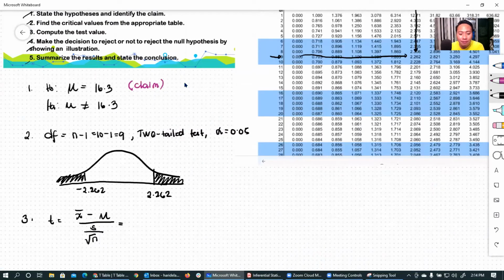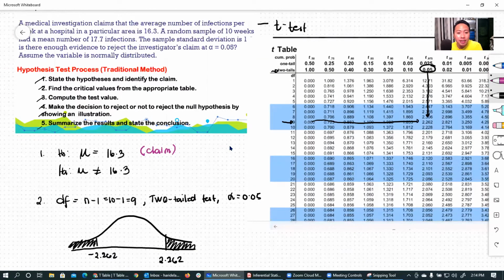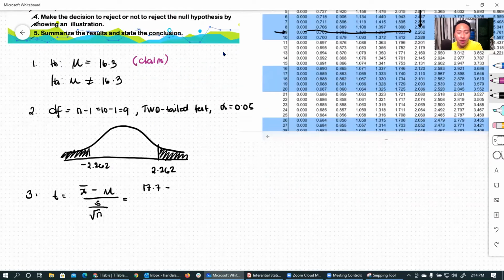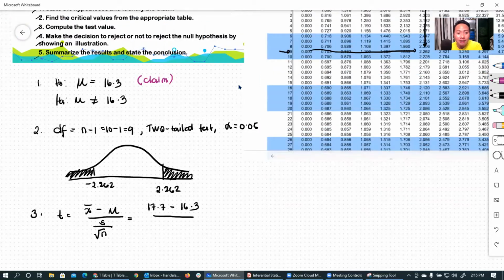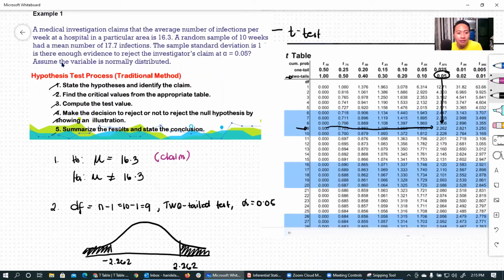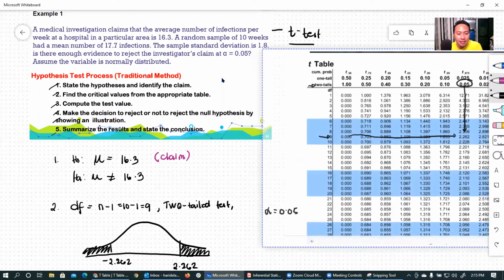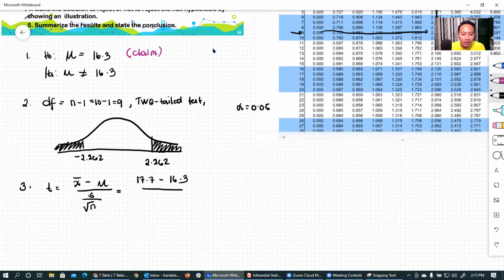So our sample mean is 17.7 minus the population mean, 16.3, over the sample standard deviation, 1.8, over square root of 10.